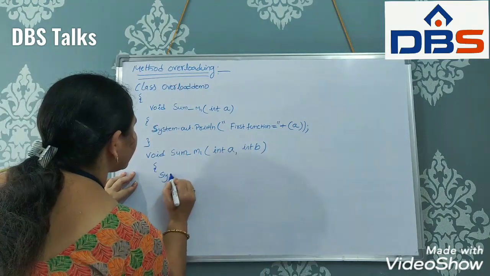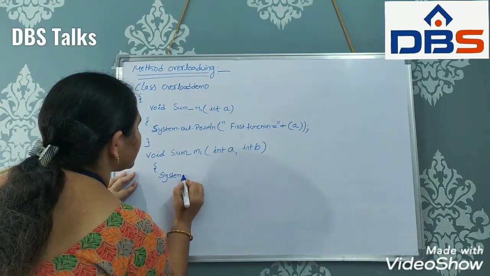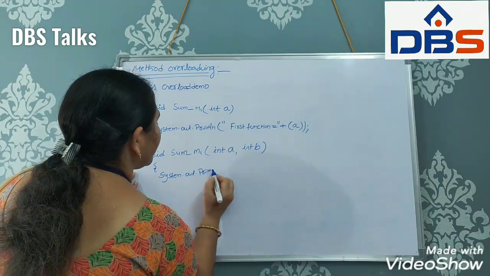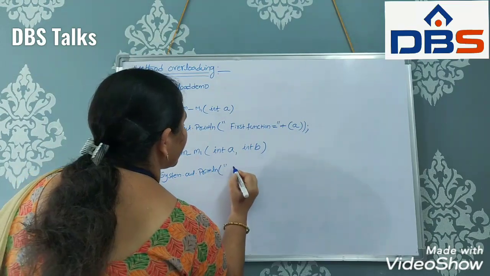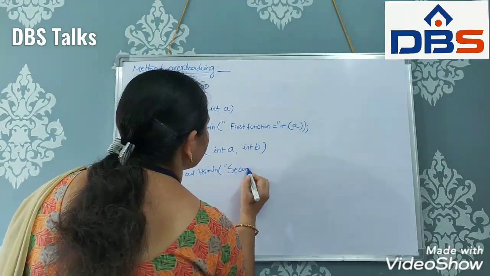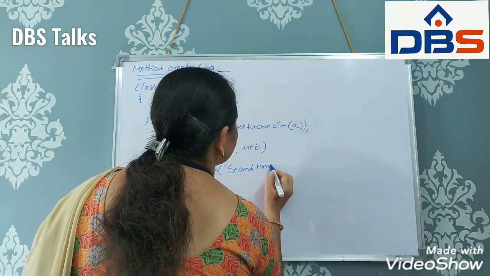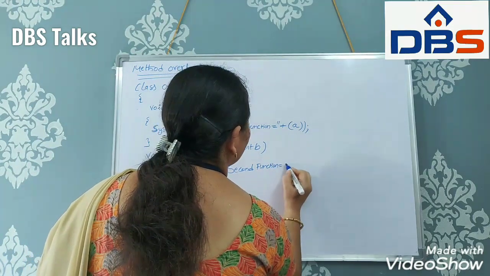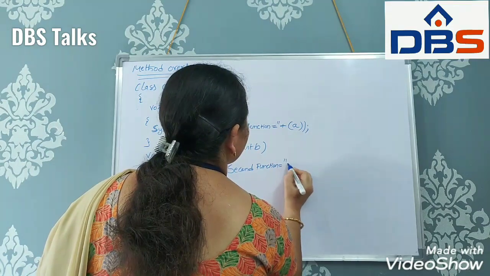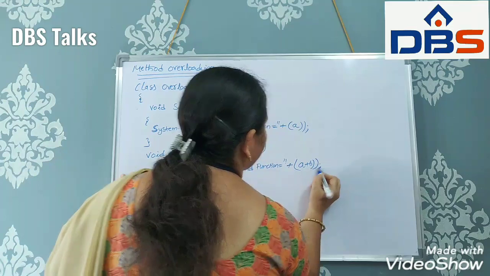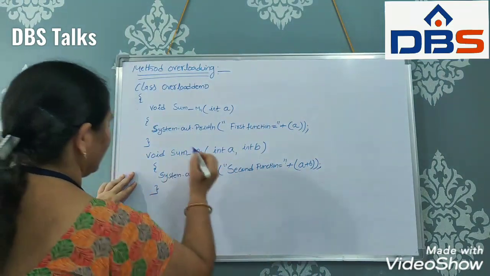Then System.out.println second function equal to plus a plus b. Then close this method.